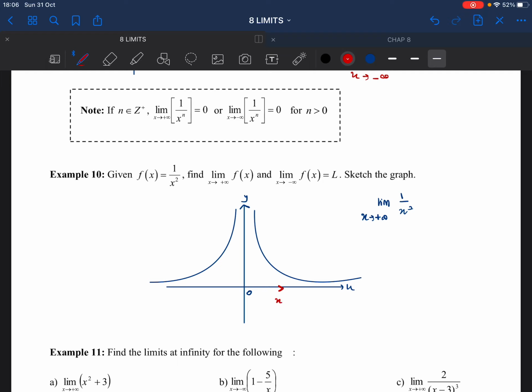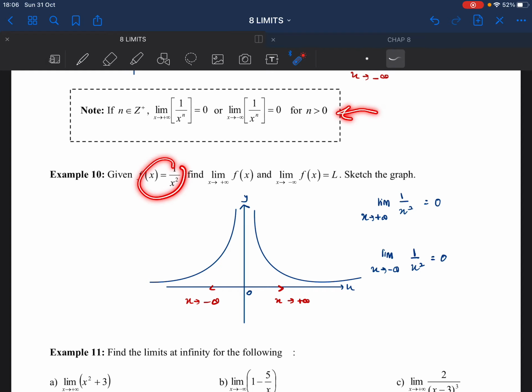The constant here is the value of 0, so this equals 0. If you have limit as x approaches negative infinity, where f(x) is 1 over x squared, here is x approaching negative infinity. The answer is still equal to 0. So this is what we mean by this note here.